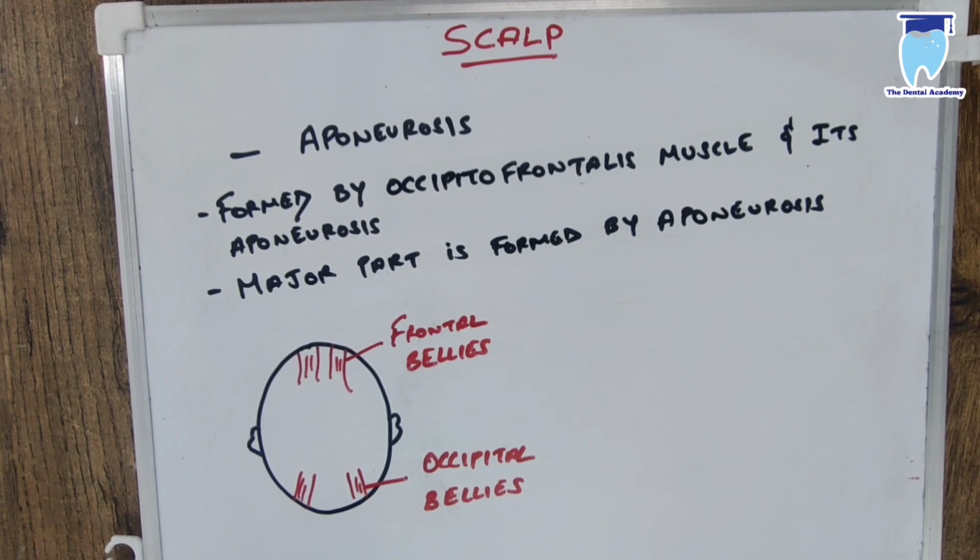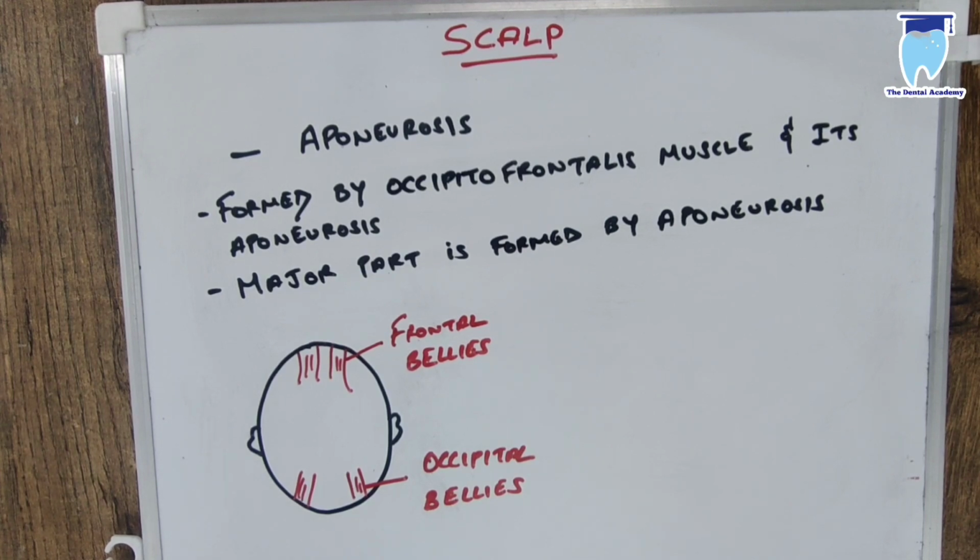The aponeurosis is the major part of this layer and the muscle is a small part. The occipitofrontalis muscle has 4 bellies. As you can see in the diagram, there are 2 frontal bellies on the frontal side and 2 occipital bellies on the occipital side. Clinically, in the anterior-posterior direction there is tension. The aponeurosis is under tension by the occipitofrontalis muscle.